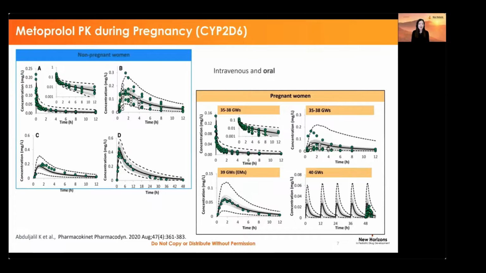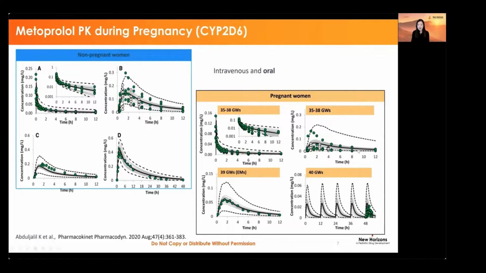Next, if we look at another drug, metoprolol, which is a well-known CYP2D6 substrate drug. Again, on the left, you have the model verification results for the non-pregnant population for various dosing regimens, including IV and different doses of oral administration.